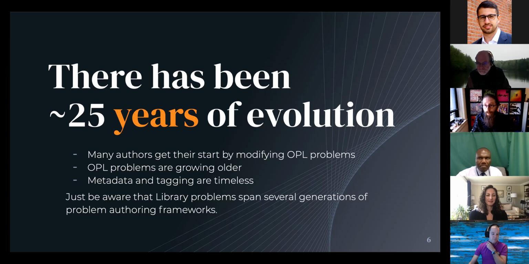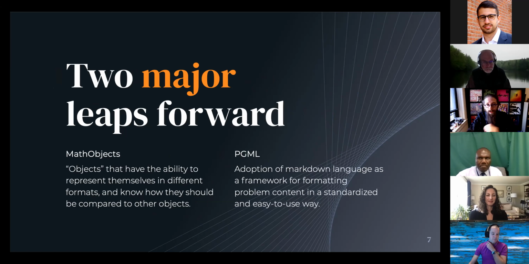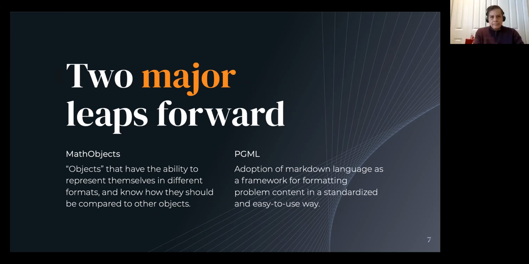So I'm going to present what I think are best practices for coding in PG in the modern frameworks. There have been two major leaps forward in PG development. One of them is math objects. Instead of just defining variables to be something that has a value, we now have math objects. They not only have a value, but they also know things about themselves. They can represent themselves in different formats: plain text, or they can put themselves into LaTeX form.